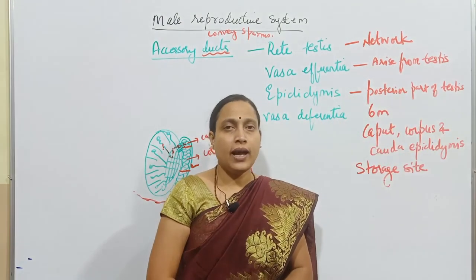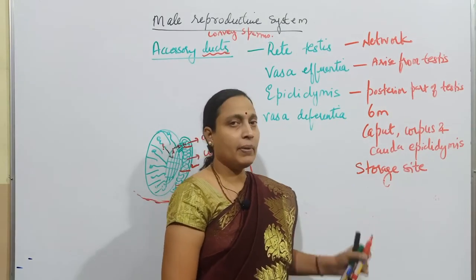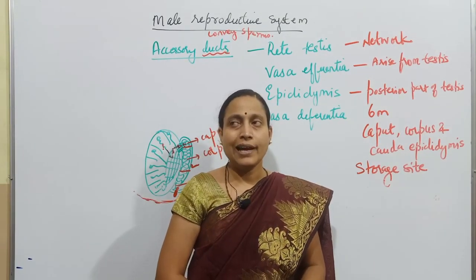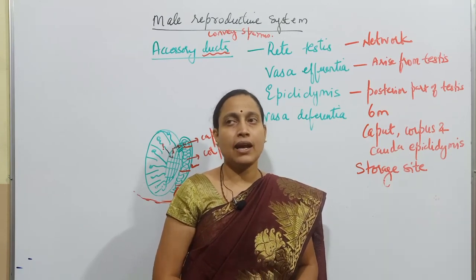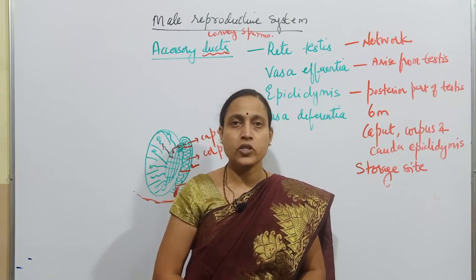Also, you should know that fertilizing capacity will not only be gained in epididymis, it can also be gained at a second level during capacitation in the female reproductive tract.